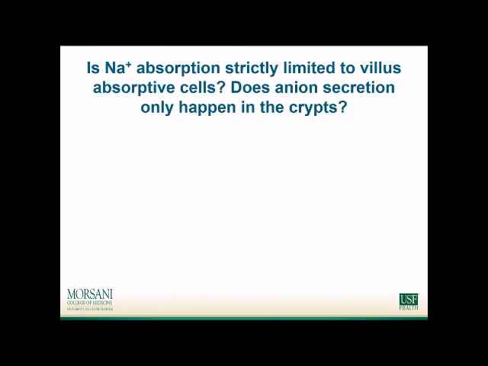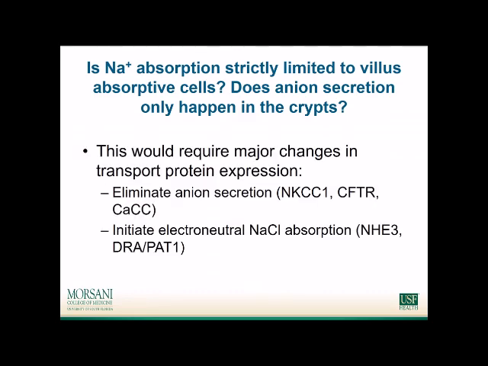And so is the sodium absorption really strictly limited to the villus absorptive cells, and does anion secretion only happen in the crypts? Based on what we've reviewed today, what would need to happen is that as these cells differentiate from the crypt to the villus, they have to turn off anion secretion.